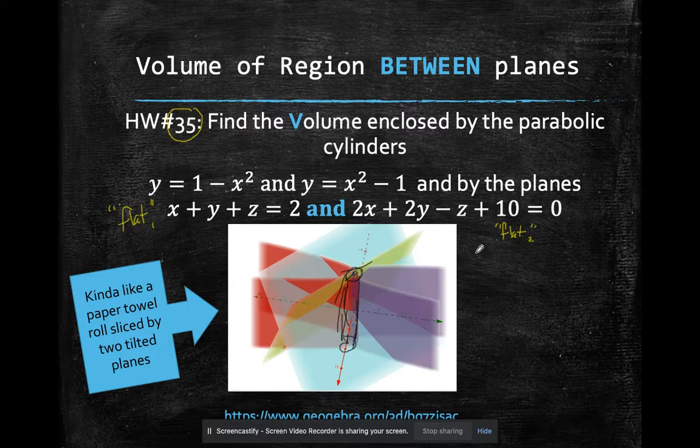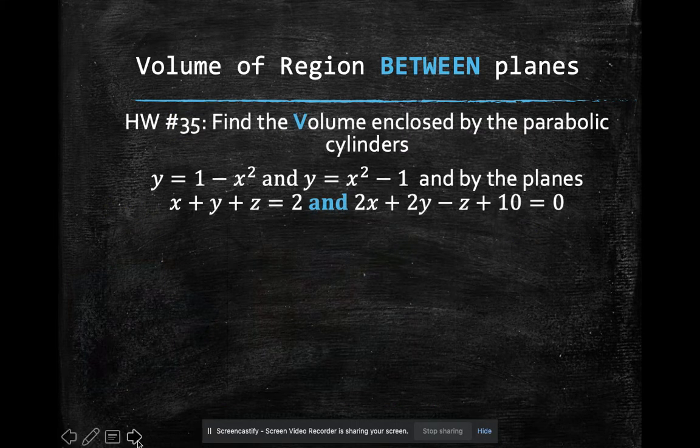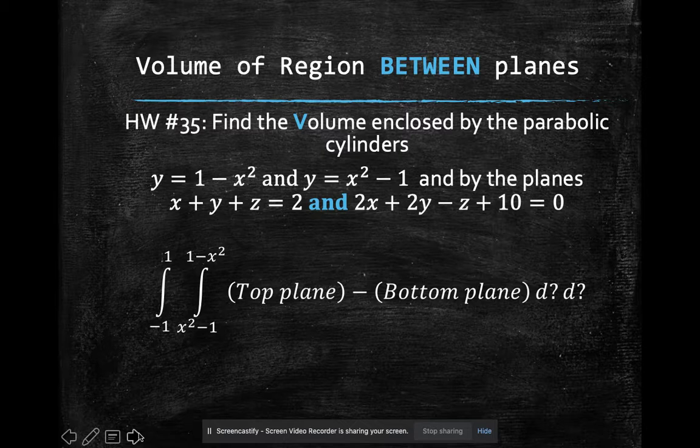Well, they're planes, right? But they're tilted, right? So they don't lie down in the XY plane, right? So yes, they're flat, but they're not flat on the XY plane. So what the hee-haw are we going to do with this? What? So take a look at what you think this might mean.